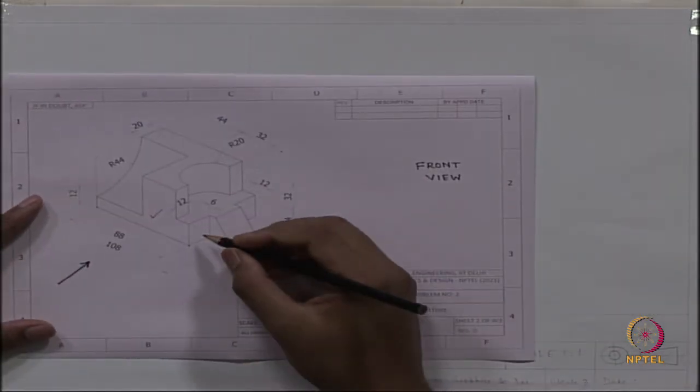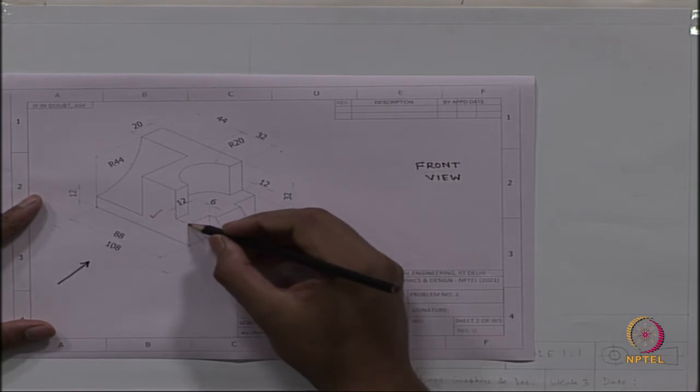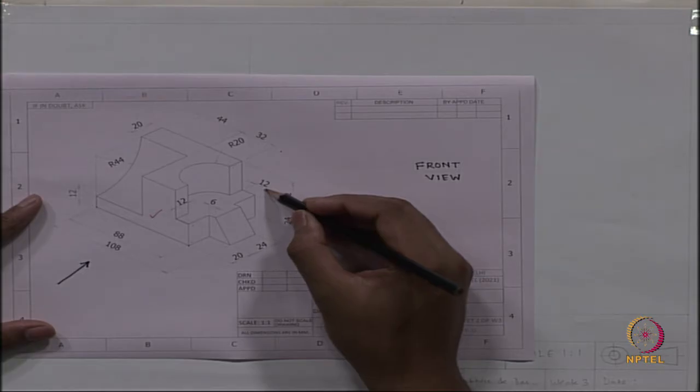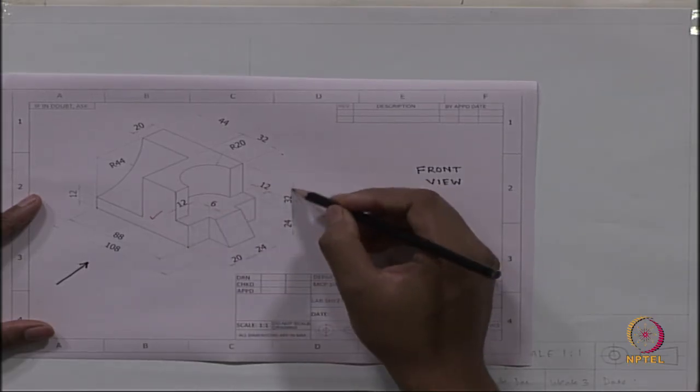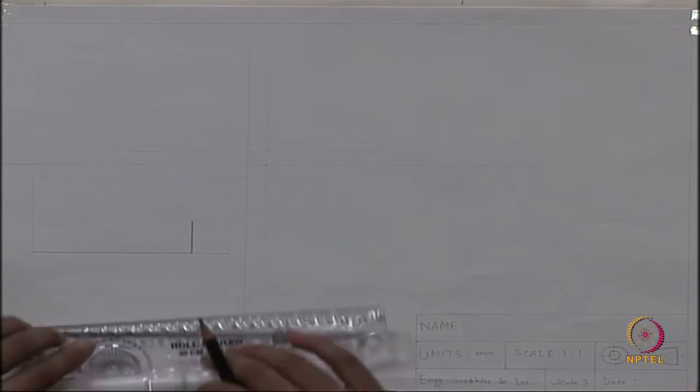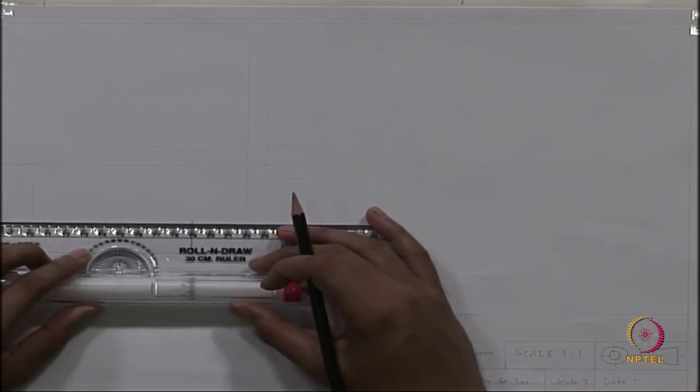The next, in the same feature, there is again a horizontal line of distance 12, then a vertical line of distance 32, a horizontal line of 12 and a vertical line of distance 32.